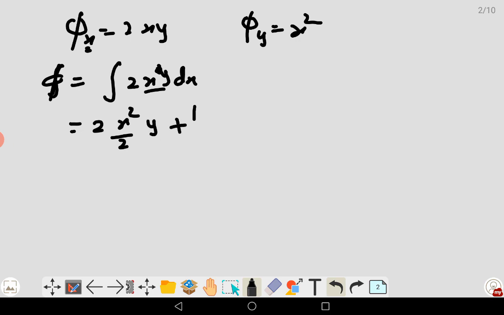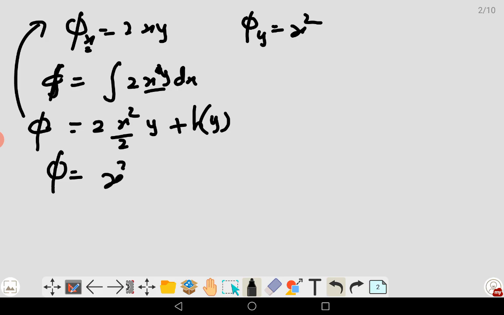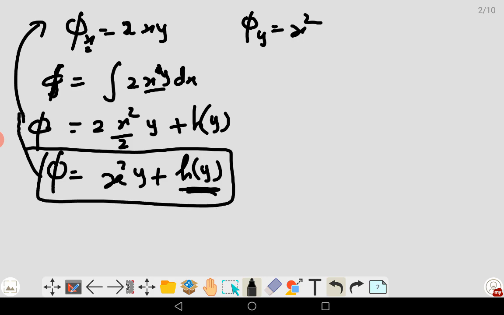The constant can be a function of y, because when you differentiate phi with respect to x you should get phi_x. So phi is x squared y plus h of y, because partial differentiation treats other variables as constants. The term removed by differentiation can be a constant or a function of y. So this is phi.